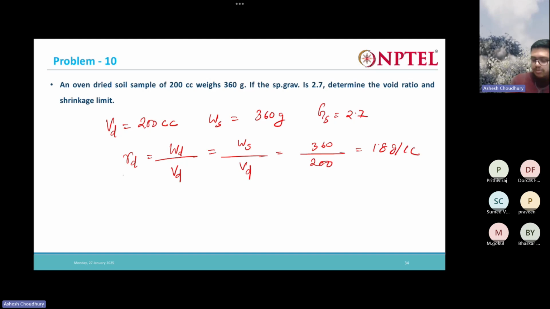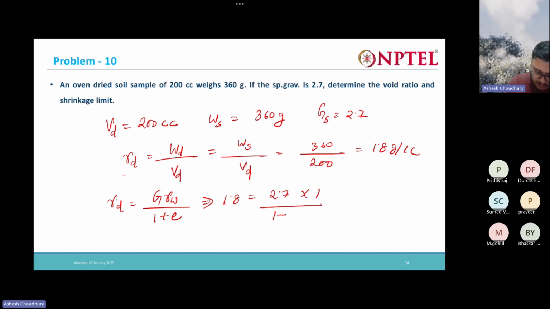So this is the dry density that you found out. Now gamma d is equal to Gs gamma w by 1 plus e, so 1.8 is equal to 2.7 into 1 by 1 plus e. This relation you know, from here I can get e equal to 0.5. So I got the void ratio. Dry volume is given, weight of soil solids is given, I get the dry density, and from dry density I get the void ratio. Very simple.